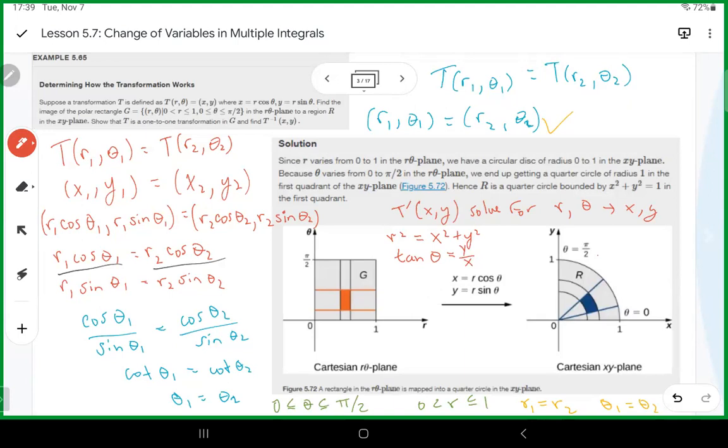So R equals the square root of x squared plus y squared, and theta equals tangent inverse of y over x.